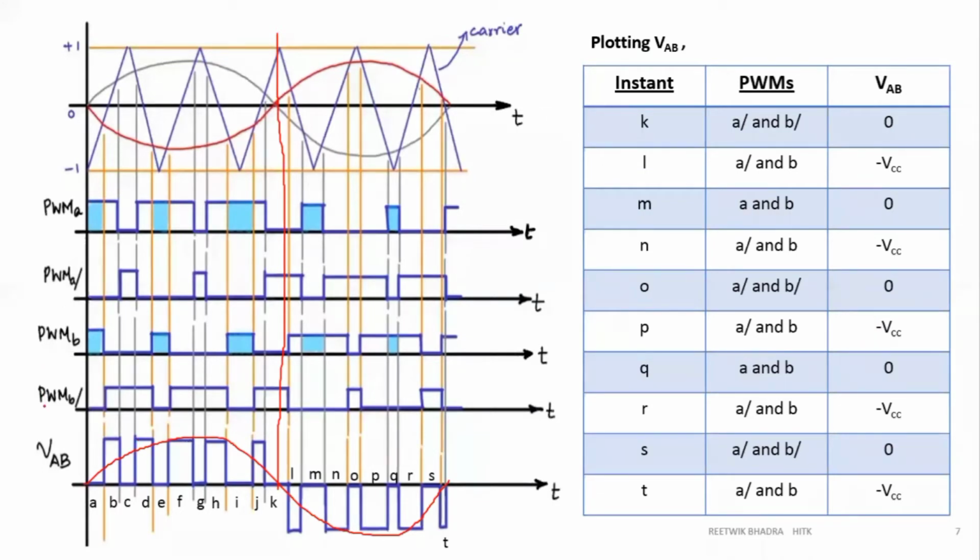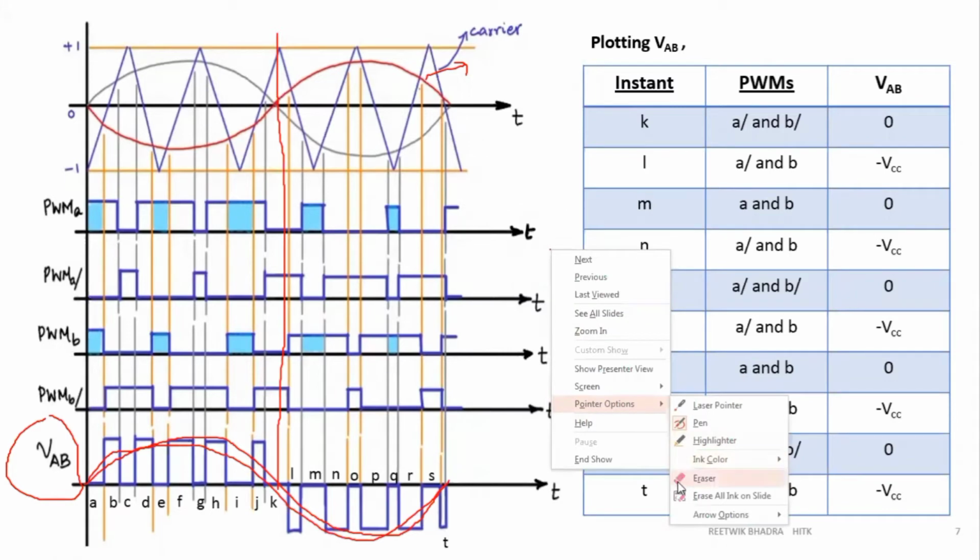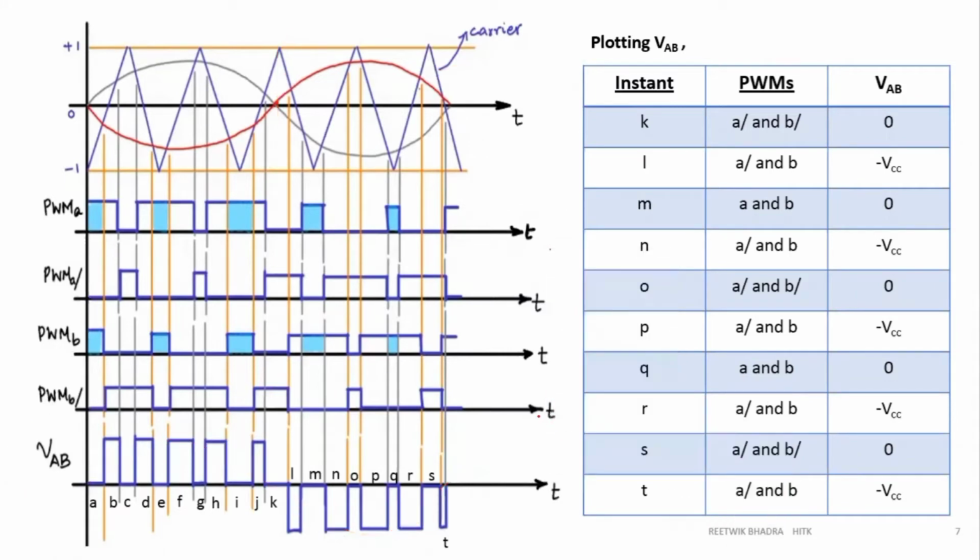So obviously VAB will have a fundamental component of 50 Hertz. If you take the reference as 100 Hertz, then VAB will have a fundamental component of 100 Hertz only. That is how the fundamental component of output voltage is determined by setting the frequency of the reference wave.